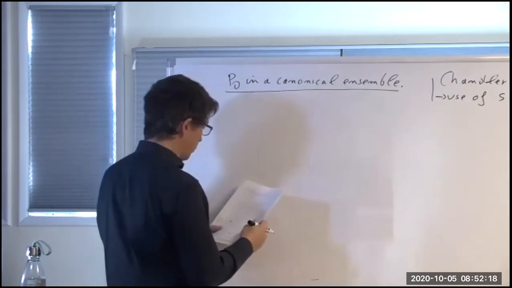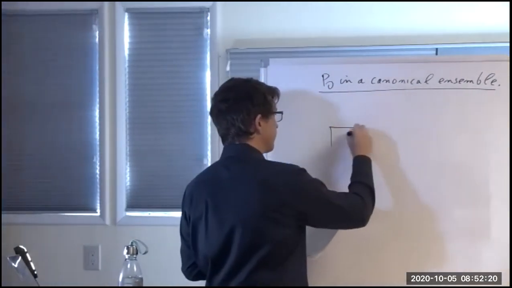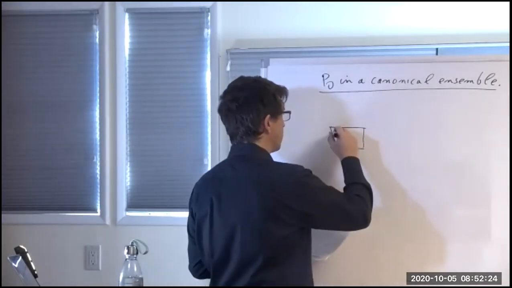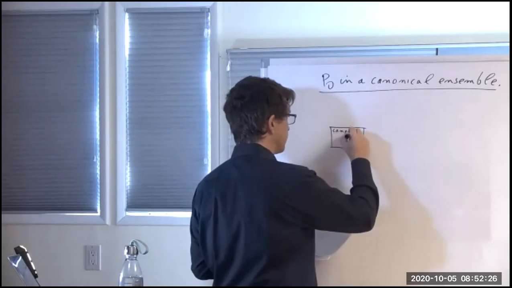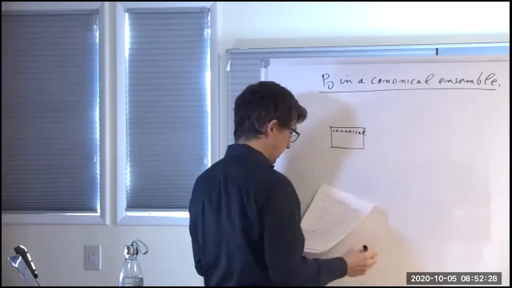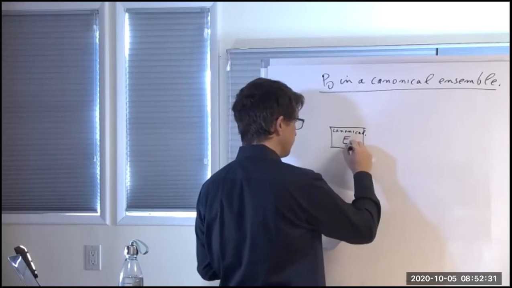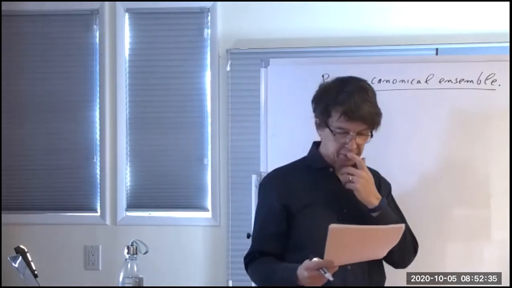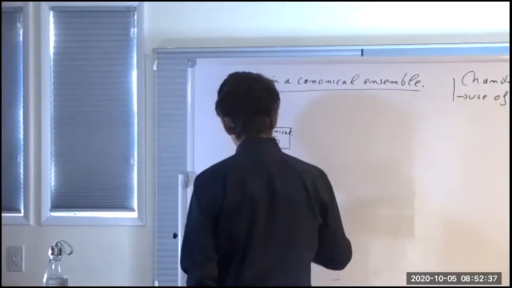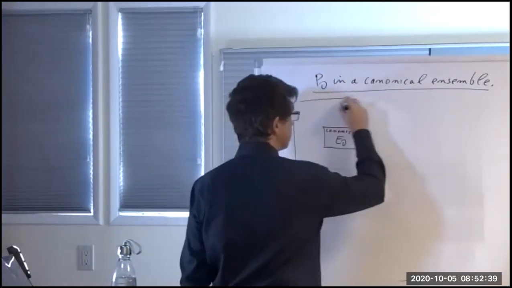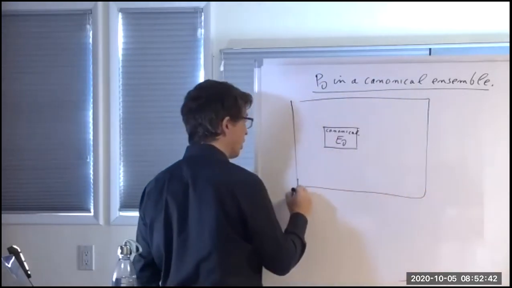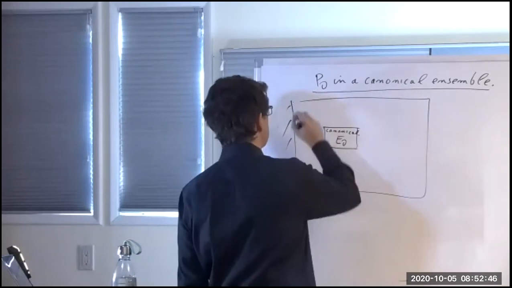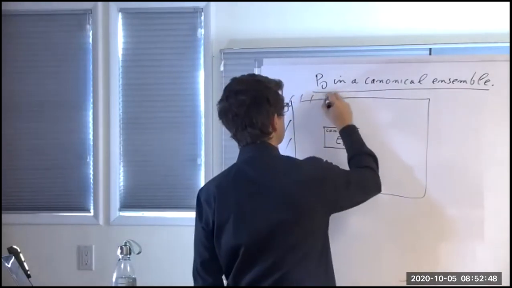So what Chandler does, so this is my canonical ensemble, my canonical system. And it has a certain energy, E nu. And what I want to know is what the probability is of that energy. So the way he finds that is by embedding the system in a much larger system, a heat bath. And that one we will consider to be microcanonical.